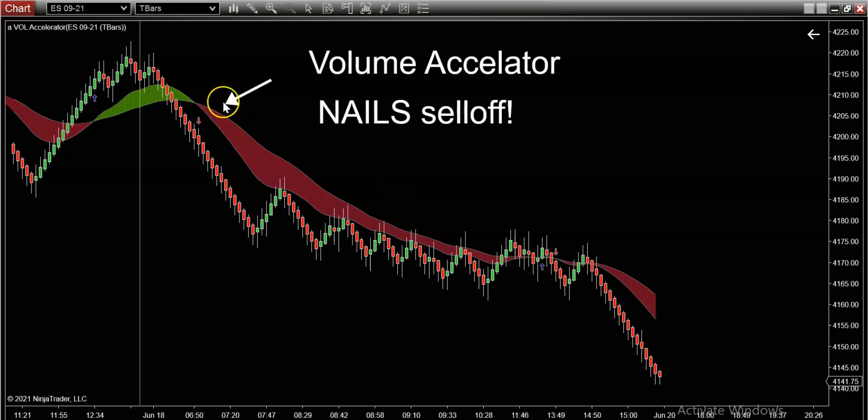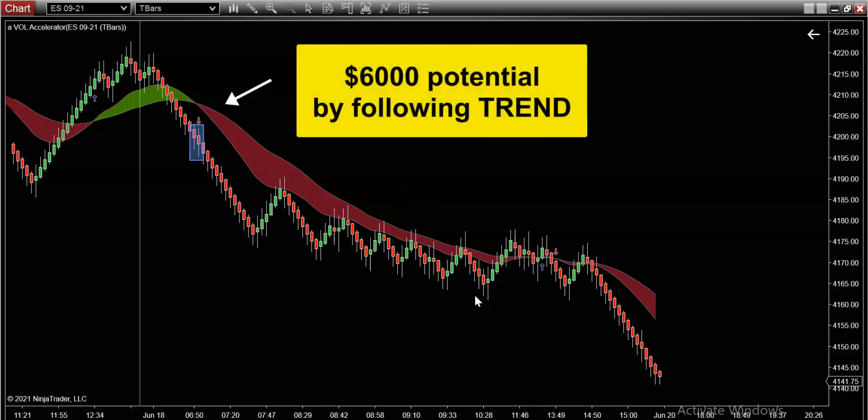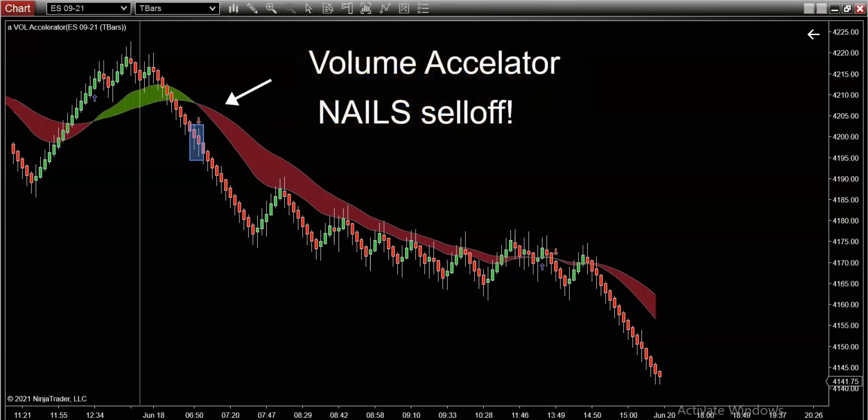The volume shifted from green into red right on this bar right here. And guys, you can see the market never looked back, okay? And this was a $6,000 potential trade if you caught it at the right time.